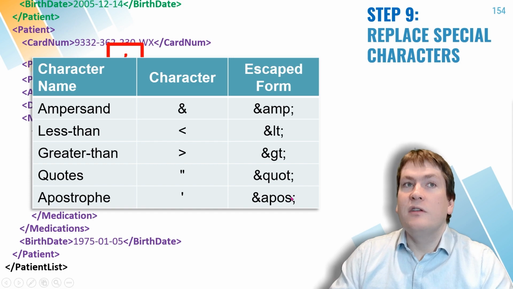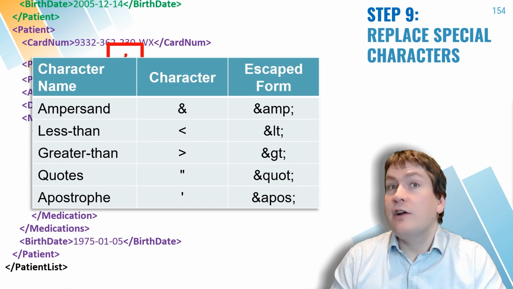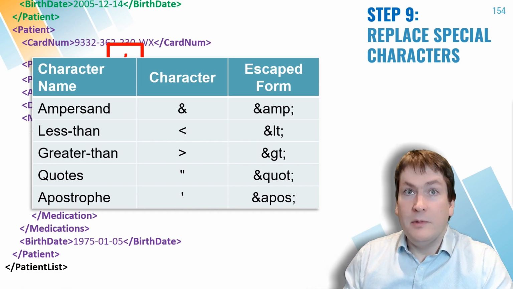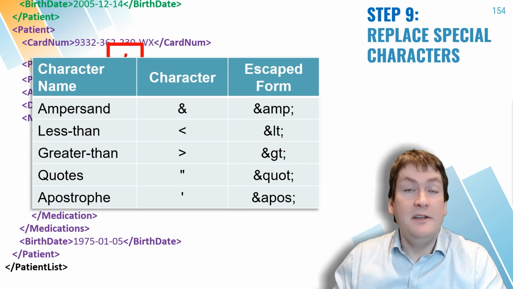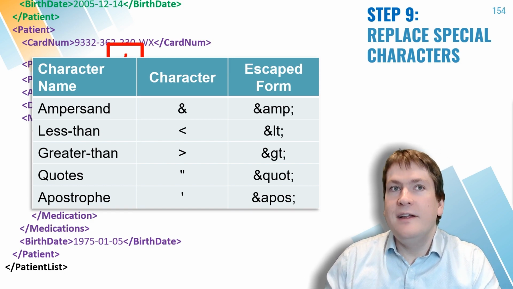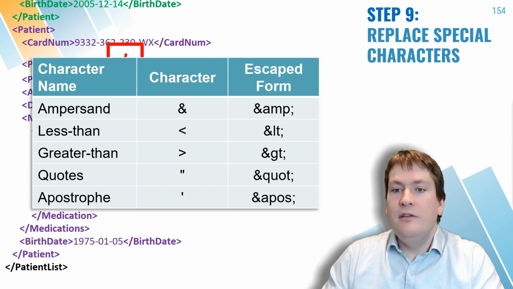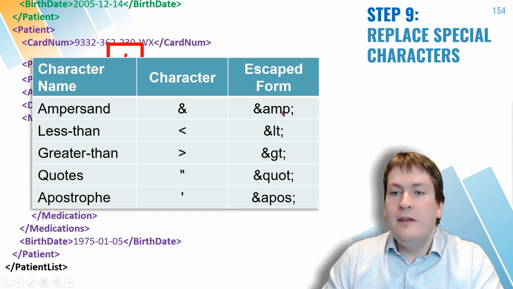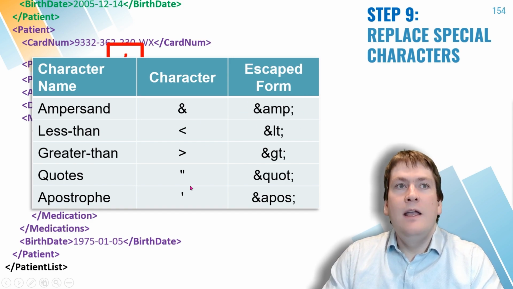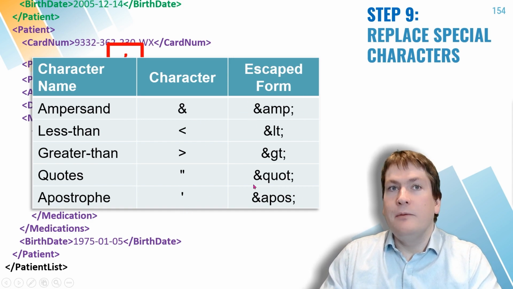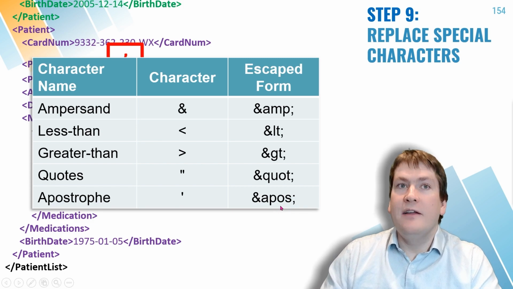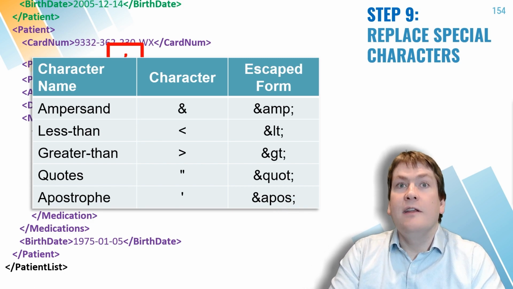So the way this works is whenever we see an apostrophe in our actual data, not necessarily in the XML document, because it could be used for something valid in the syntax rather than the data, but whenever we see any of these characters in our raw data, we have to replace them. So when we see the ampersand, we'll replace it with this code right here. And when we see the apostrophe, we replace it with this code right here, exactly as it is. And we don't want to add spaces on either side unless there are spaces in the data.